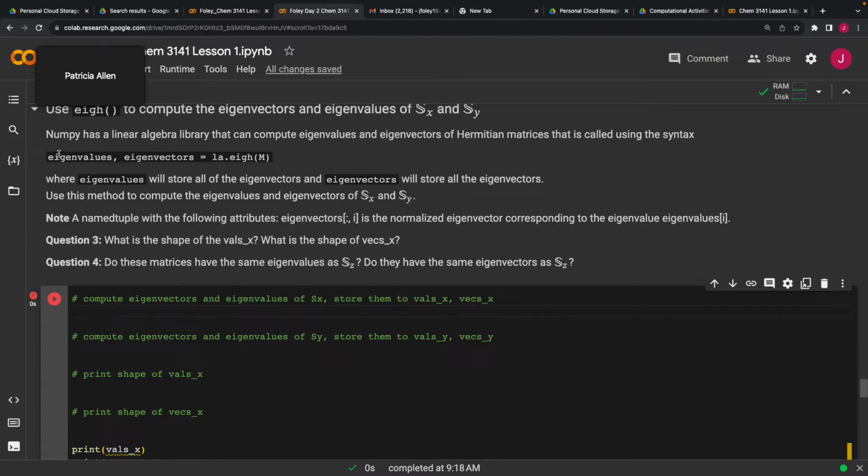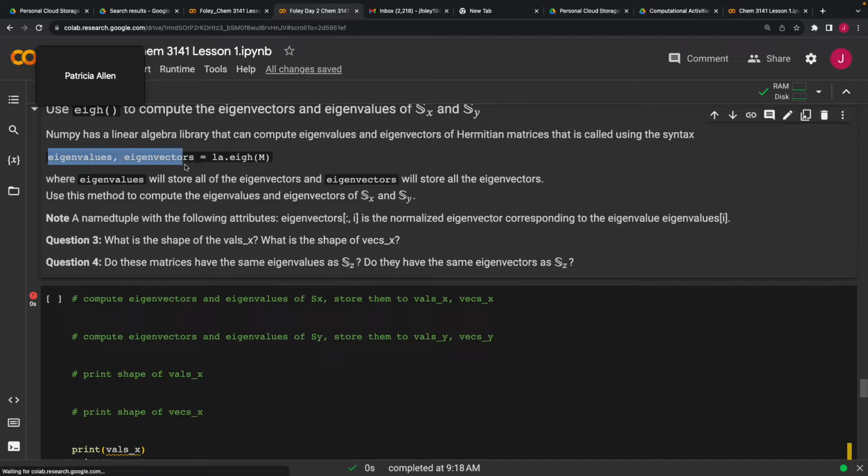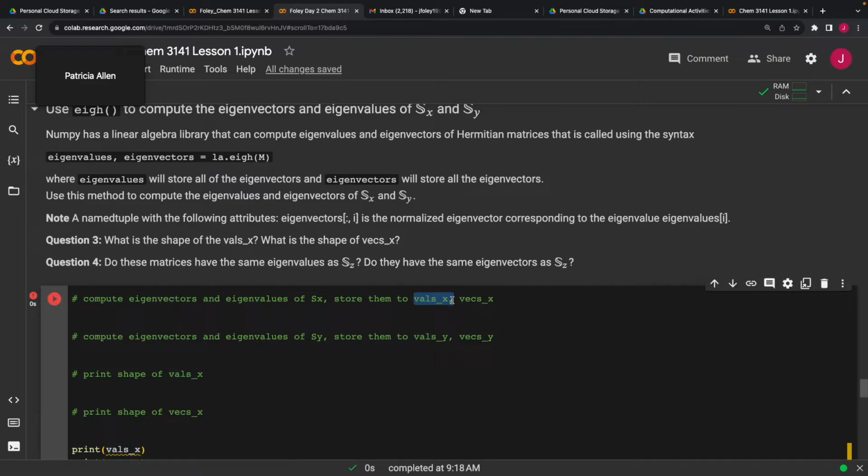You have an assignment statement where I have eigenvalues, comma, eigenvectors, is equal to LA.eigh on my matrix M. I'm going to substitute Sx for M, vals x for eigenvalues and vex x for eigenvectors. So I will store the eigenvalues of the Sx matrix to vals x, and the eigenvectors of the Sx matrix to vex x.